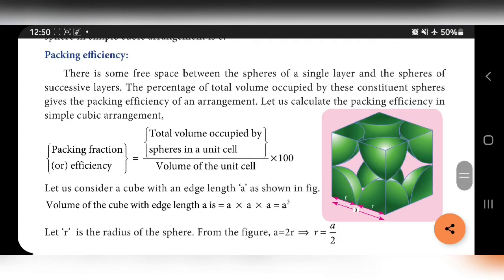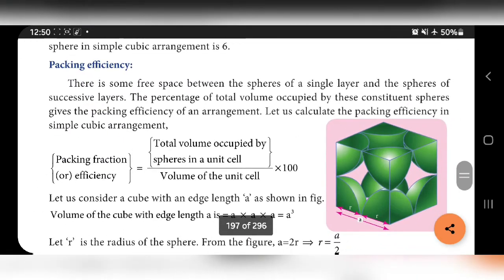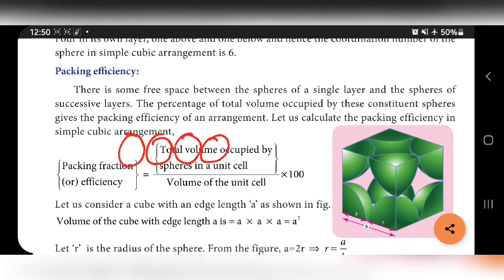Very important topic, packing efficiency. What do you mean by packing efficiency? There is some free space between the spheres of a single layer and spheres of successive layers.